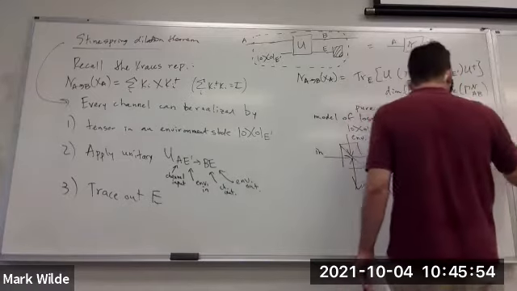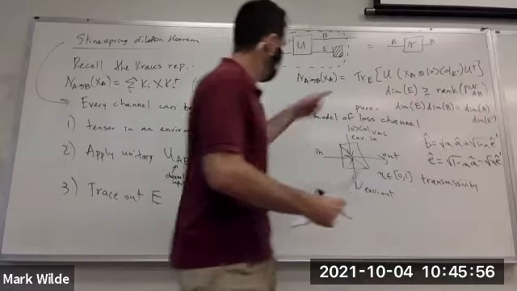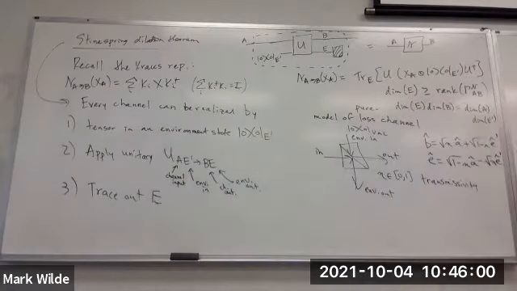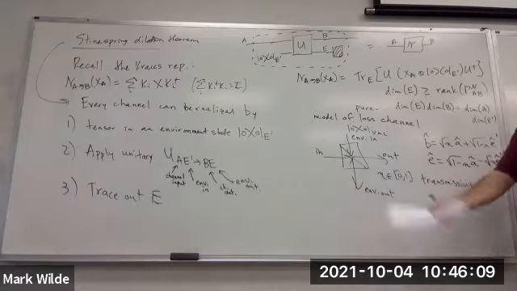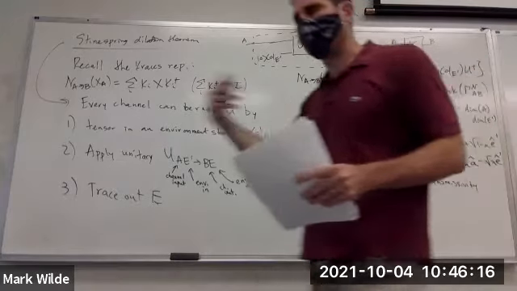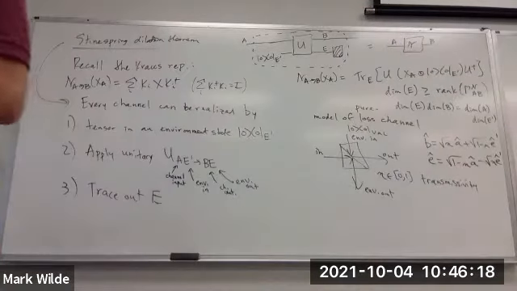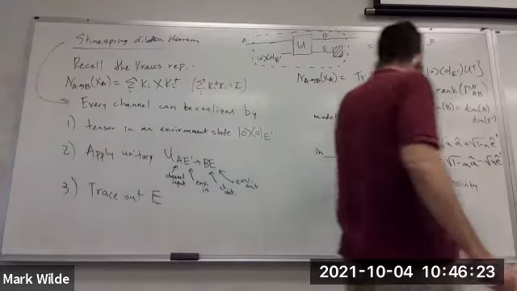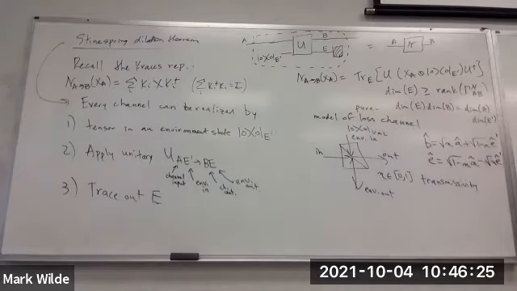Let's call this E prime to be consistent with the notation that we're using here. This is a simple mathematical model of a beam splitter, and it tells you how operators corresponding to the input and output modes change as a consequence of this evolution. So rather than describing things in terms of the state evolution, you describe things in terms of the operators. I'm not going to say too much more about this.